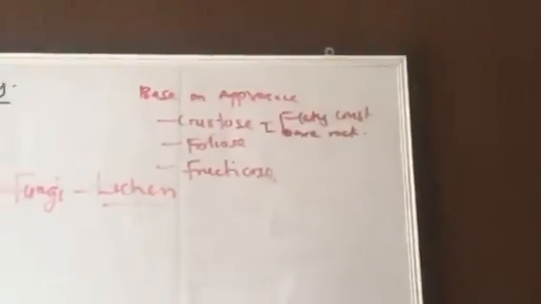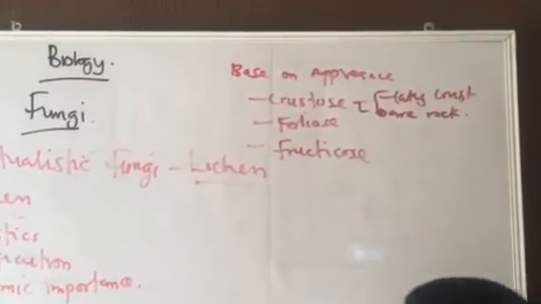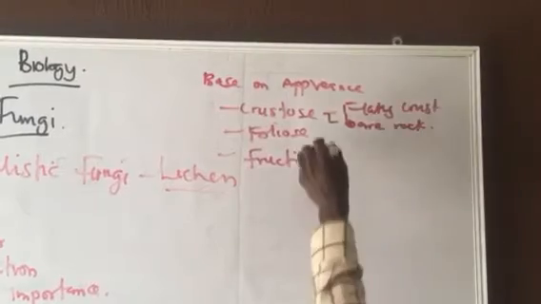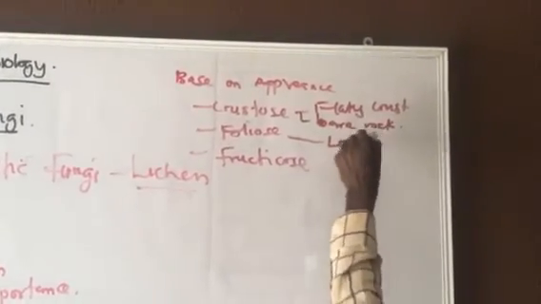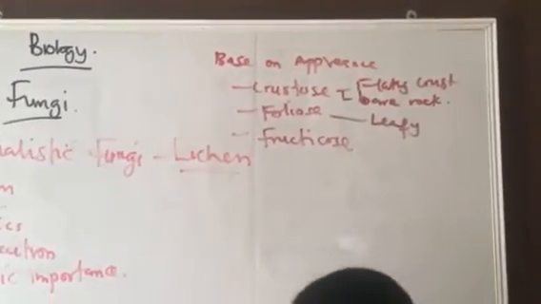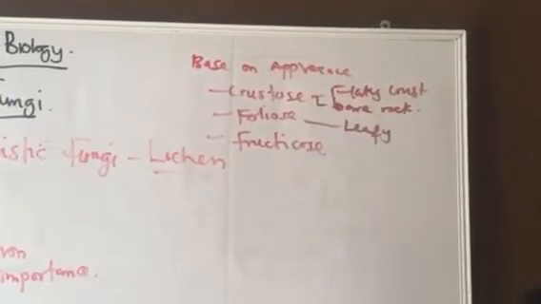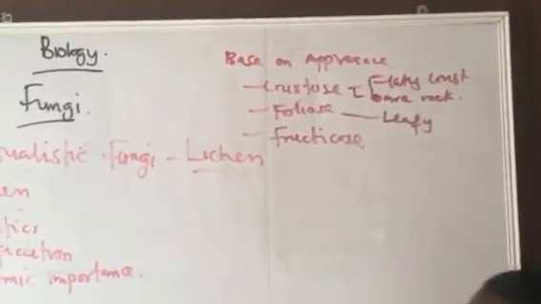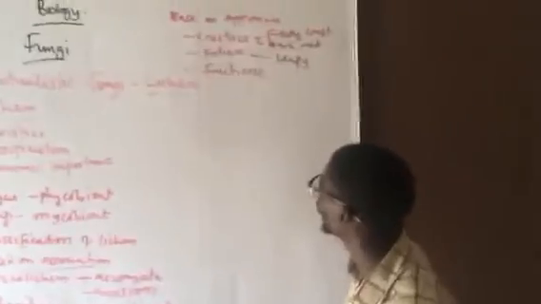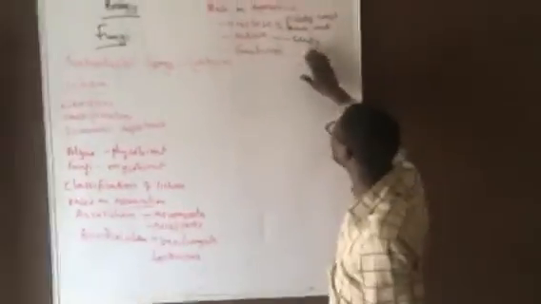Then the other one is foliose. The foliose are usually leafy. They are in leafy form and they are flat. They produce flat, leaf-like structures. Those are the appearance of the foliose.